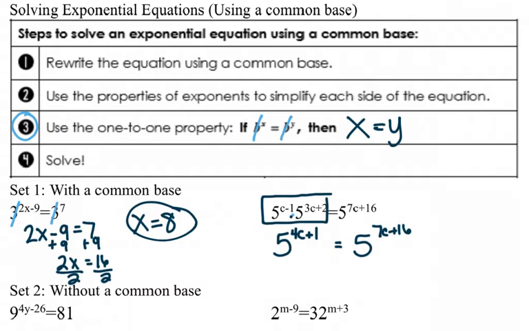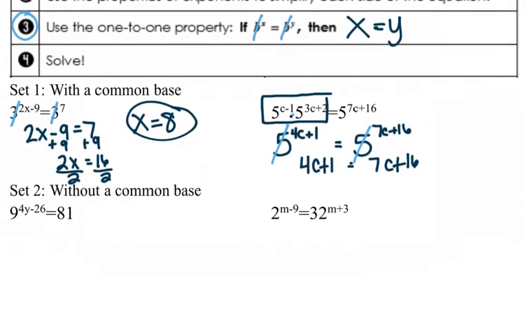Alright, so I did number 2. I used the property of the exponents to simplify. Now number 3, I'm going to use the one-to-one property, which says if my bases are exactly the same, then I can cancel them out, and then I can just set my exponents equal to each other. So that's what I'm doing. I'm going to move this up a little bit, and now I'm just going to solve.